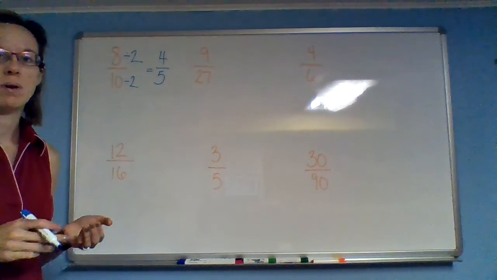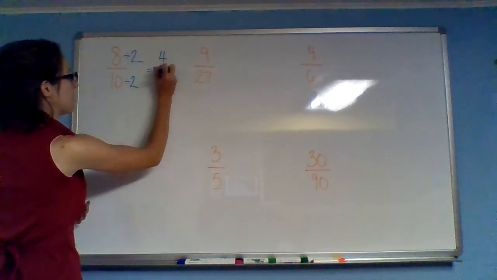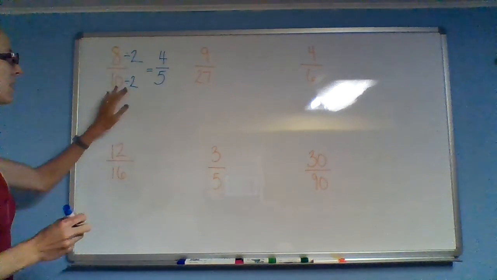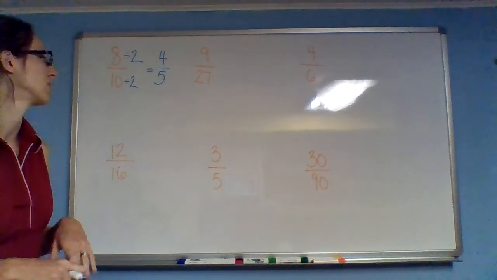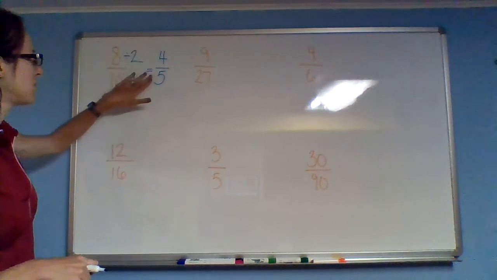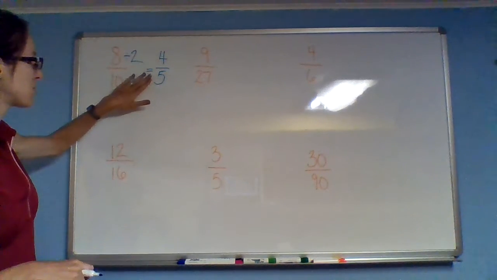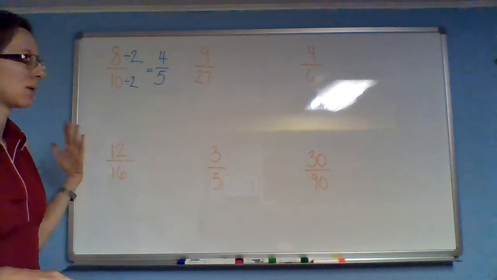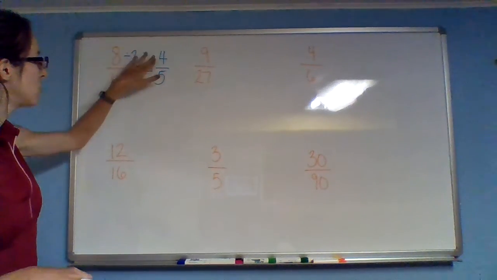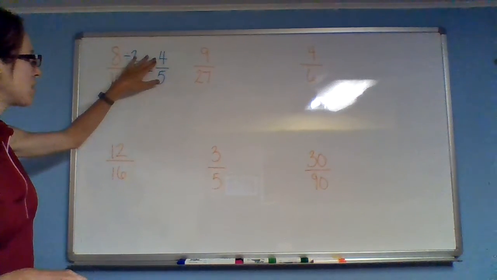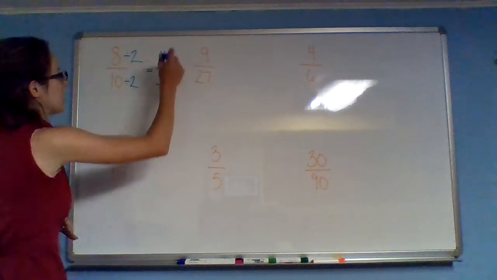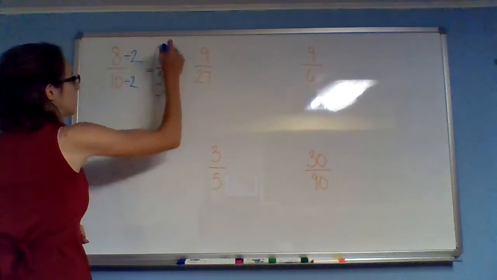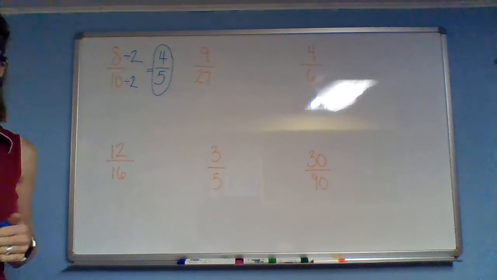Now I check 4/5, because even though I found something to divide by initially, I don't know if I found the best thing to divide by. There might be something else that I could have tried. So 4/5, well, 5 is a prime number, which means it only divides by 1 and by 5. 4 is even, so I could still divide it by 2, but since I can't divide 5 by 2, this is the simplest form of that fraction.